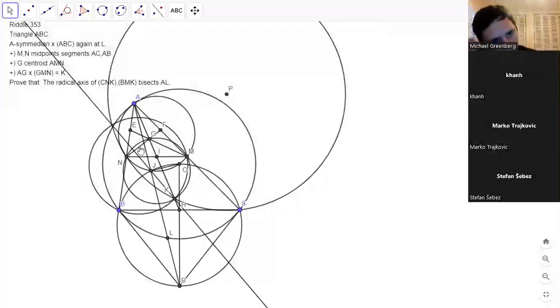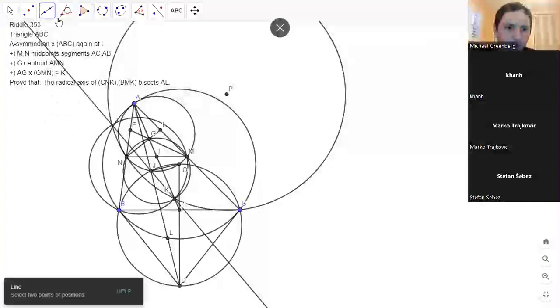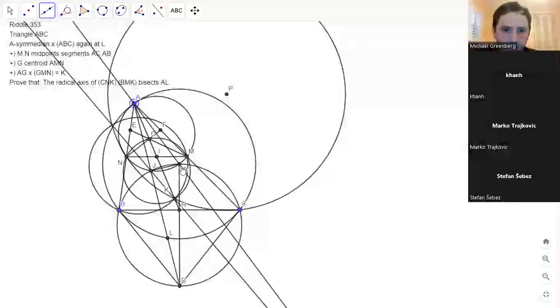So yeah, K is defined in a very interesting way. There's some special point. Let's see if AO is collinear with that point or something.